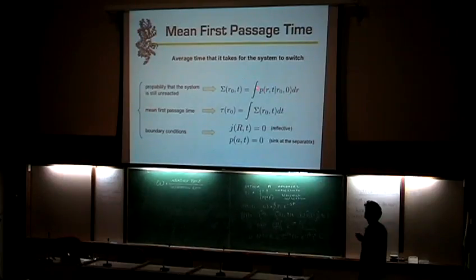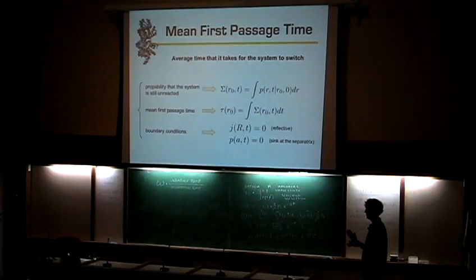This over here is the probability of you being at position R and time t, given that you start at position R0 and time 0, right? So the probability that the system is still unreacted, we'll call it reacted when the system jumps to the other peak. Say you start at one of the peaks.